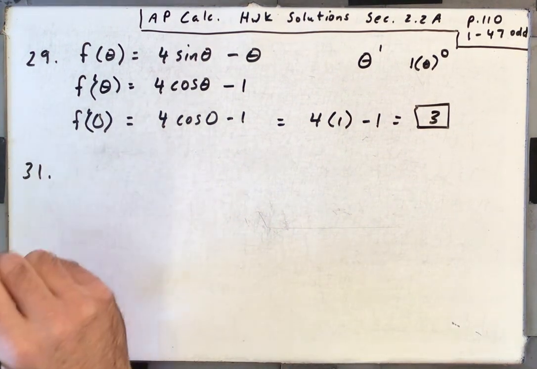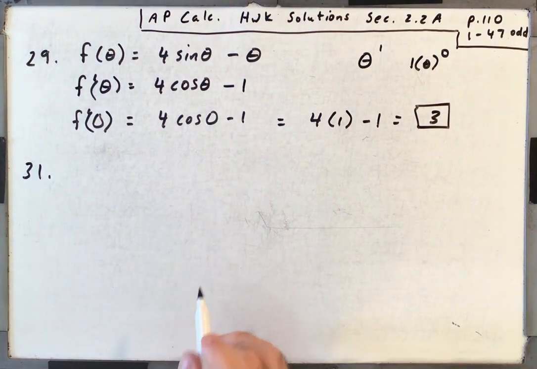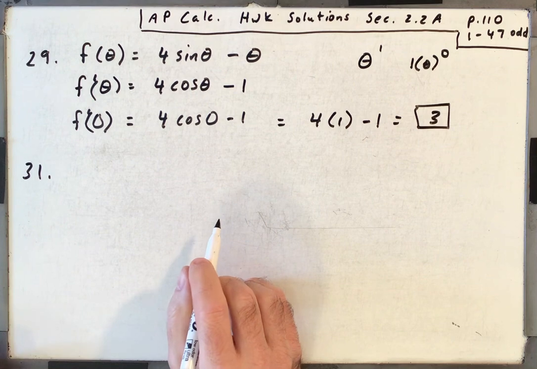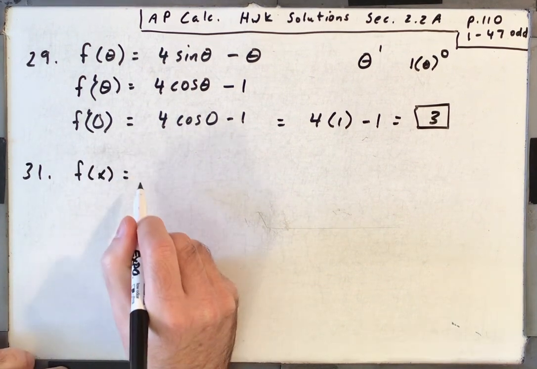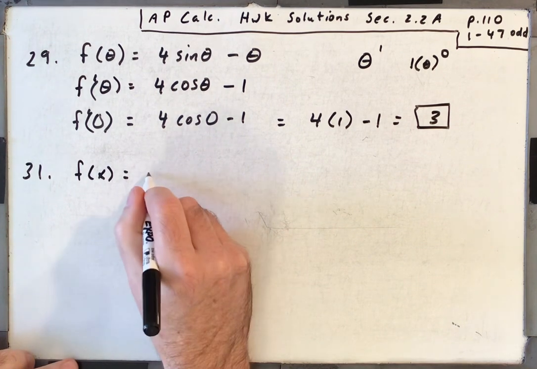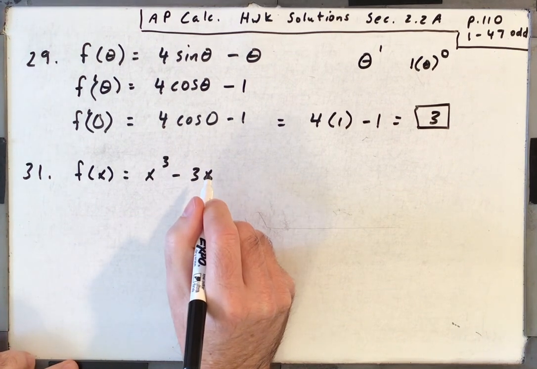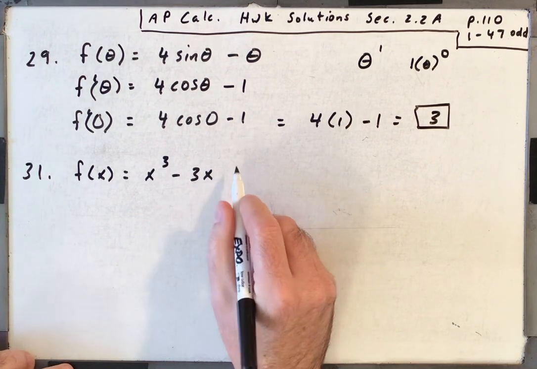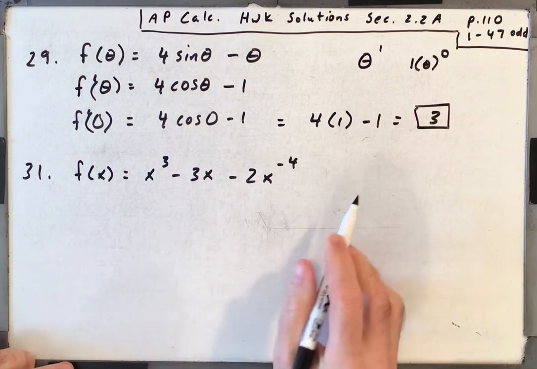31. So I hope you don't mind this. This is a little more mindless than all the algebra we had to do in the previous section. So f of x, we're just finding the derivative, x cubed minus 3x minus 2x to the minus 4. So they cleaned it up for us already and rewrote it.